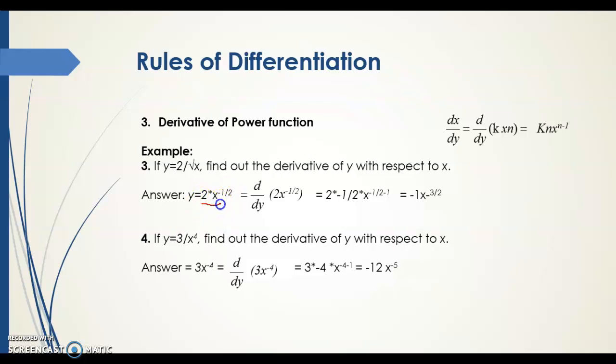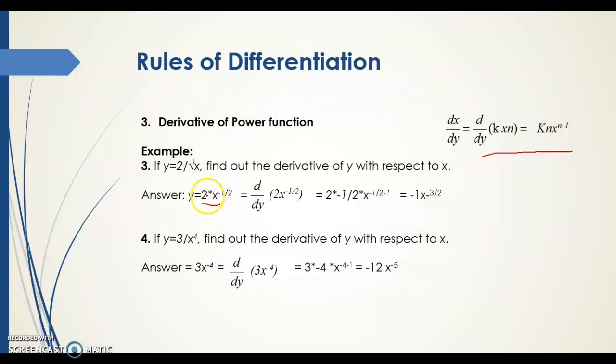Now this particular function is called the power function, and we already know that the derivative of a power function is the constant multiplied by n times the function raised to power n minus 1.